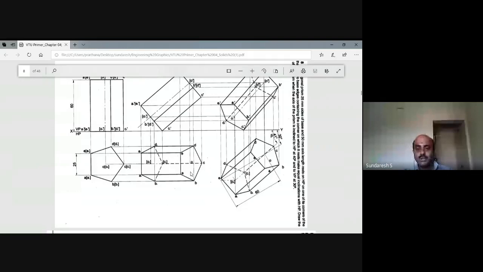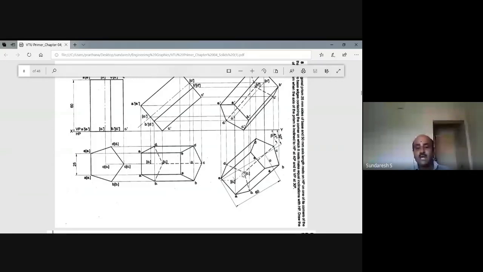I will explain how to get the locus line. First, you draw a 30 degree line with respect to VP. Mark O on that 30 degree line anywhere just below the XY line, and measure the original or actual length of the axis from the initial position front view. You can use the compass. Now move to the 30 degree line in the third position with O as a center.